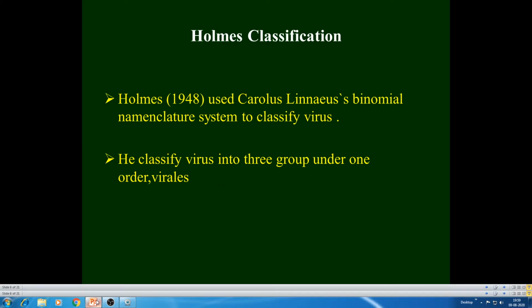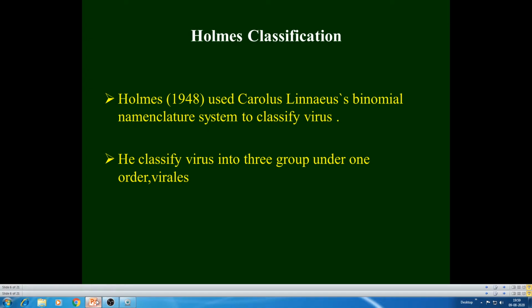Another classification was proposed by Holmes, and he used the Carolus Linnaeus binomial nomenclature system. Carl Linnaeus, you might have studied Carl Linnaeus classification. That is the sexual system of classification proposed in the case of angiosperm taxonomy, for naming of plants.